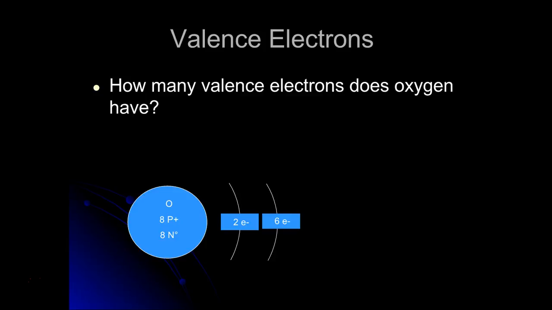Hydrogen has 1 electron in its outer shell, so it readily bonds with oxygen, and then we get 2 hydrogen atoms bonding with 1 oxygen atom, which gives us something we require every day, and that's water. And that's because hydrogen has 1 electron just waiting for another element to bond with.